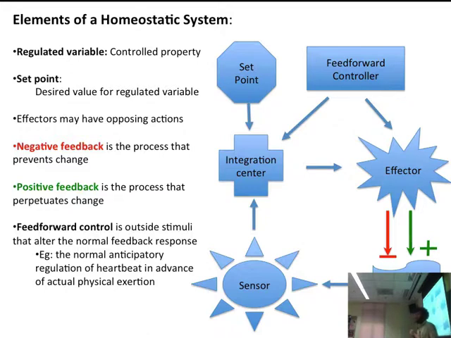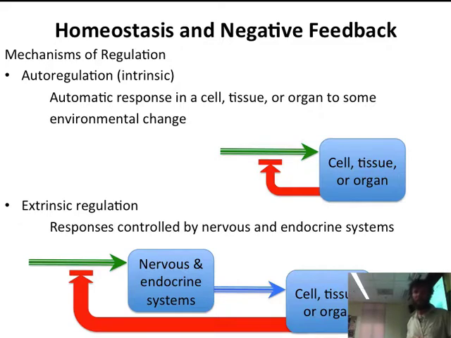But you're on your first date with your sweetheart, and you're imagining that you are about to give them the first kiss on the cheek, and your heart begins to flutter thinking about it. That would be the feed-forward control as you anticipate an action. So it's giving external input into that system. These are a couple different types of mechanisms of regulation.